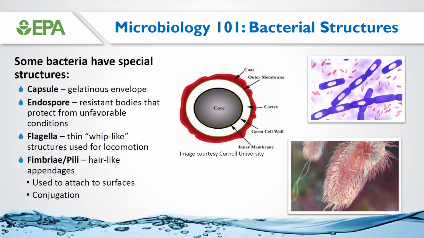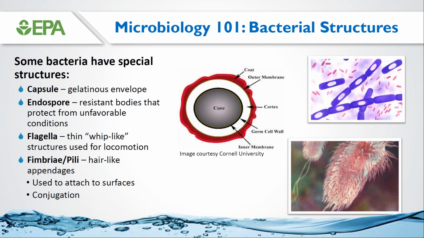Some bacteria also can have specialized structures. These structures give the bacteria some advantage for their survival in the environment. For example, some bacteria can form an endospore, which is a very resistant structure that allows it to survive in harsher environmental conditions than it normally would be able to survive. This is kind of like a dormant stage that some of these bacteria go into.